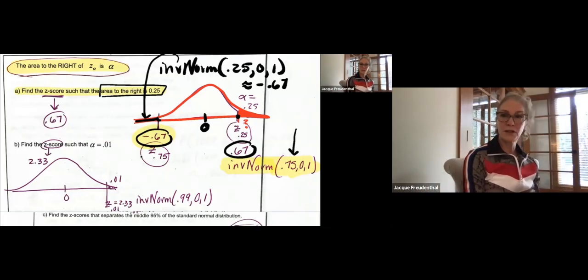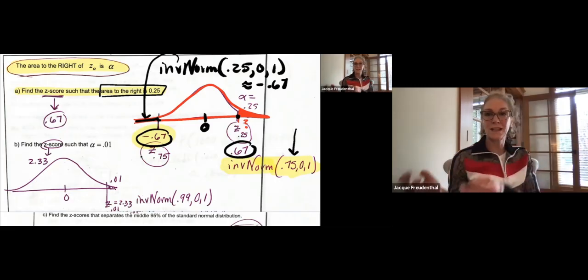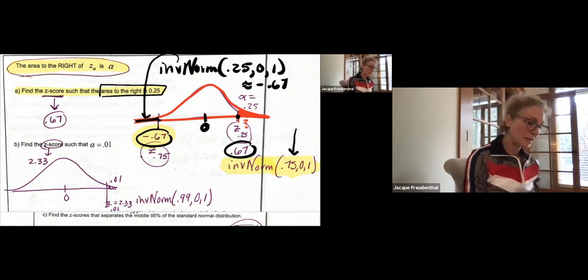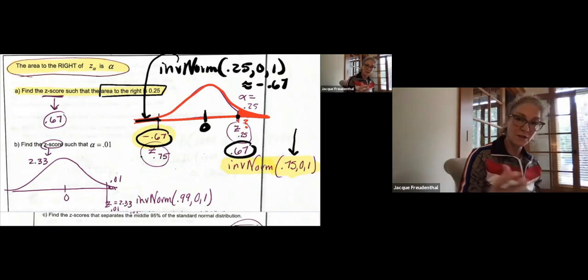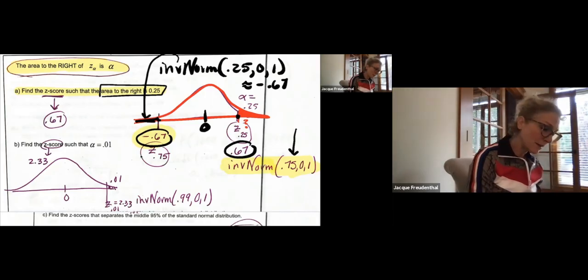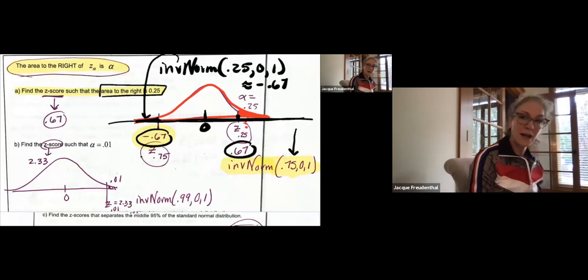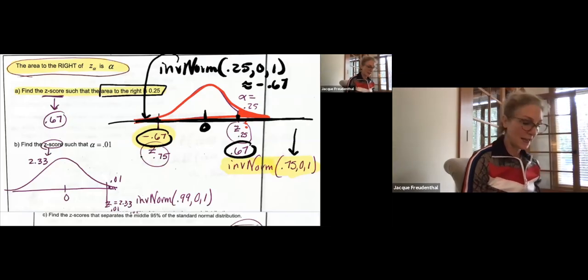So if you put 0.25 in and you got a negative z-score, you know that that is the left z-score, not the right z-score, because the right is a positive value based off of the location. If the middle is 0, then to the right of 0 on this number line would be a positive value, not a negative. So I should be getting that positive value, 0.67.